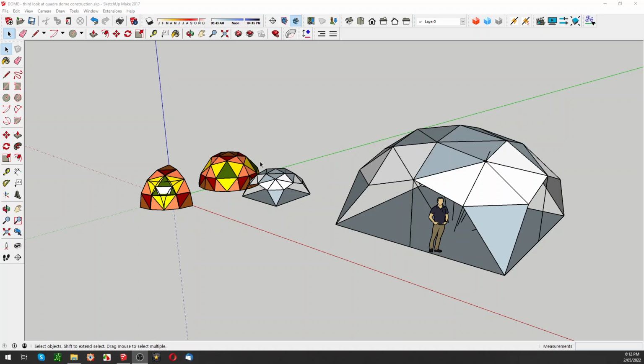So, what we have here, in a rather colourful look, is the Quadra Dome. In my attempts to better understand the Quadra Dome, which I'm starting to think, well, at least I'm gaining better appreciation for it, I thought, well, we better, for those that may wish it, look at a full-size dome.